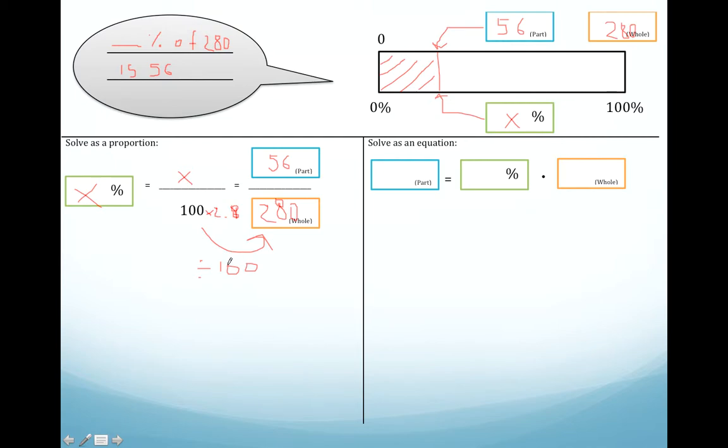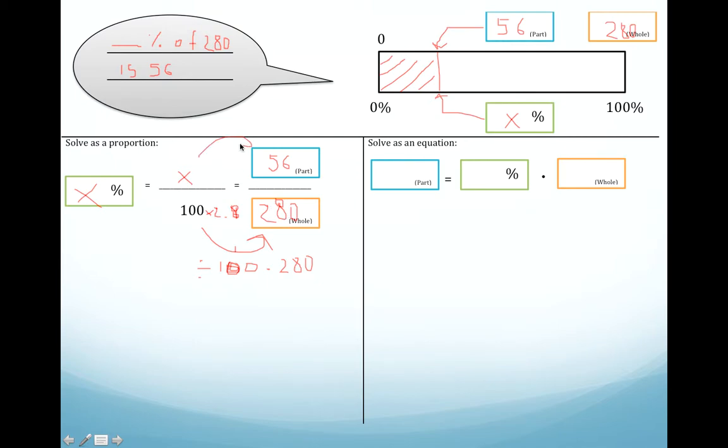multiply, this is 100, multiply by 280, and that gets you from 100 to 280 if you're going through 1. 100 divided by 100 is 1. 100 to 280 is 280.